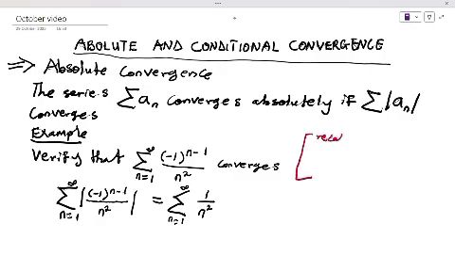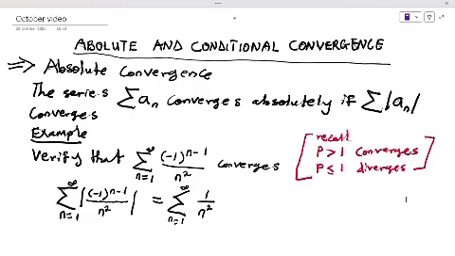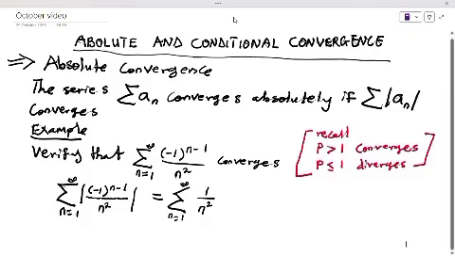Recall, when we talk of P series, when your P is greater than 1, it converges, and when your P is less than or equal to 1, it diverges. So let's just have this in mind as a reminder.